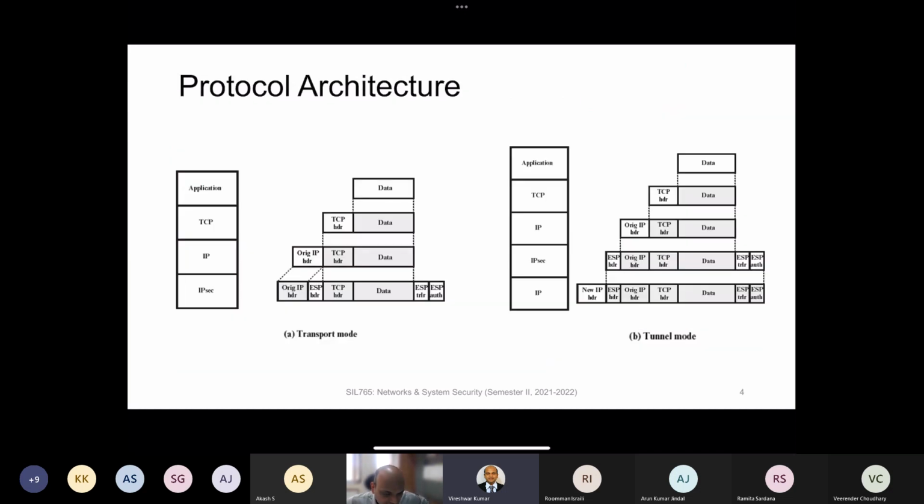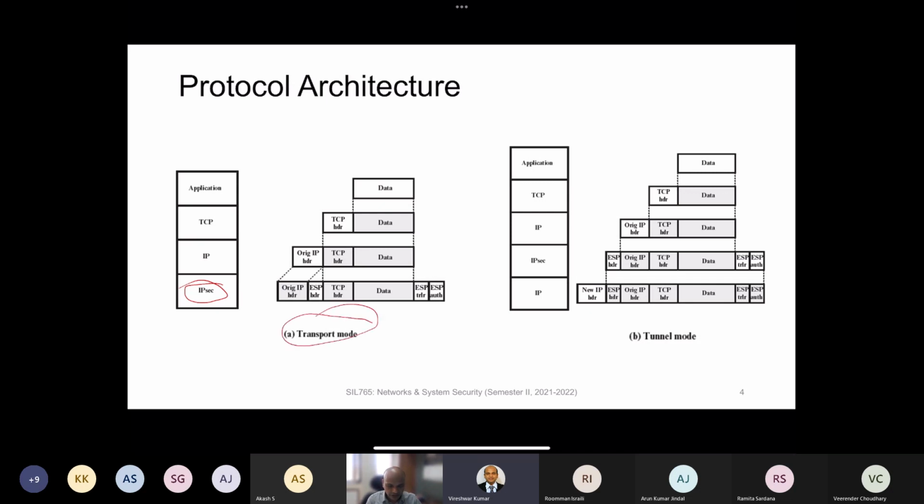So this is the figure that I tried to discuss in the last lecture. I was just trying to highlight where the IPsec sits. And now that you have seen where the encryption and authentication are happening, probably now you will be able to relate this figure to the protocol stack in a better way.